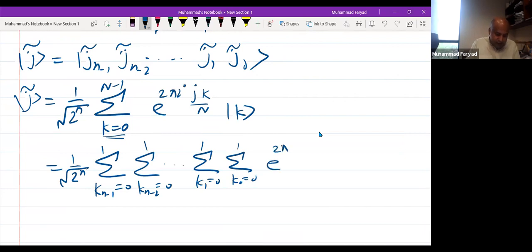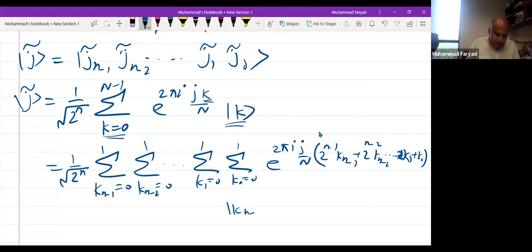And we will have to break this K into its components: 2 power n minus 1 Kn minus 1, 2 power n minus 2 Kn minus 2, all the way to 2K1 plus K0. And this state K is Kn minus 1, Kn minus 2, all the way to tensor K1, tensor K0.